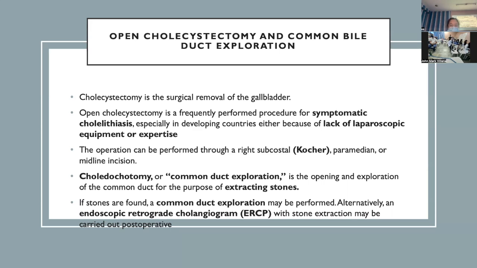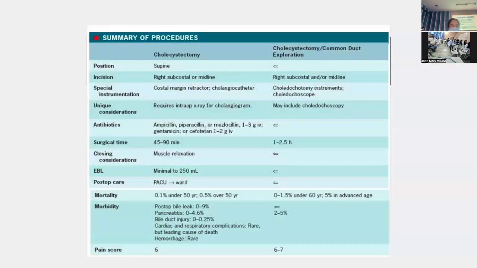In this procedure, we can also perform cholangiography, where dye is injected into the biliary tree via a catheter and X-rays are taken to know if there are stones inside the gallbladder or in the biliary tree. If there are any stones, choledochotomy or common bile duct exploration is done for the purpose of extracting the stones.